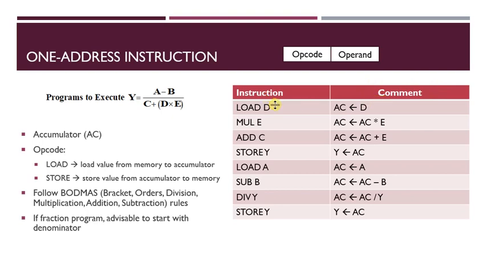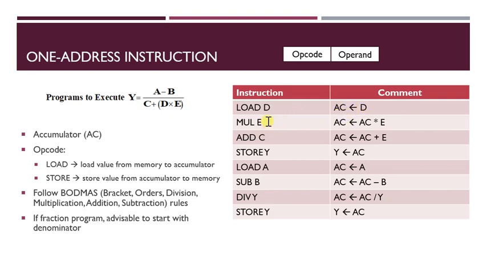And the first one, okay, this example, we start from the denominator, right? And we must follow the BODMAS rules. So we must do the multiplication because the multiplication is inside the bracket. All right, so we need to load D. Inside the comment, basically the value in D is loaded inside the accumulator, right?